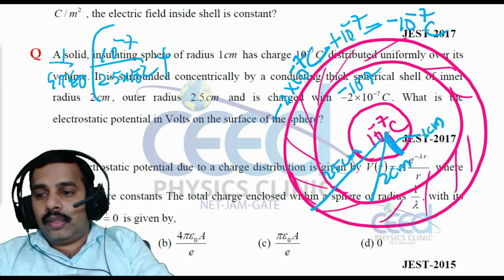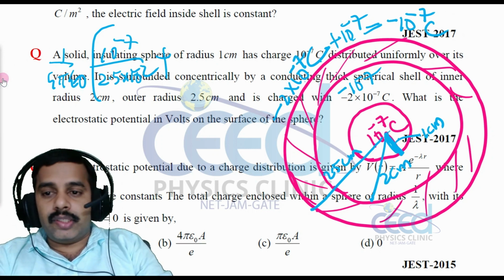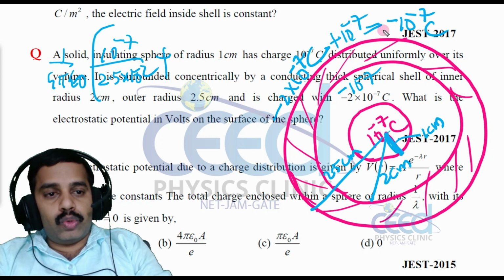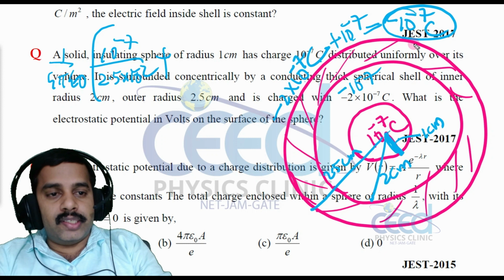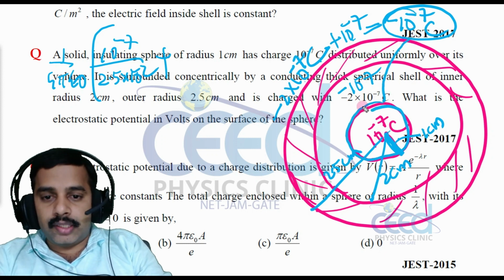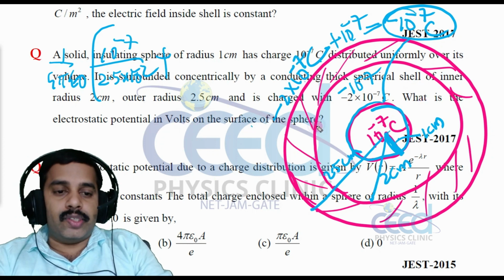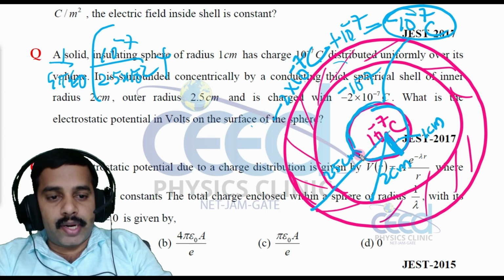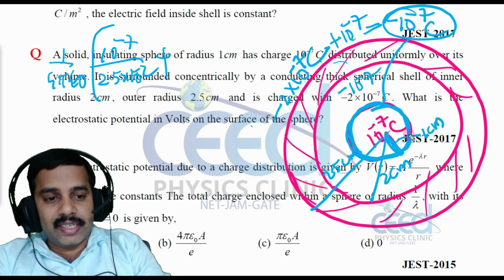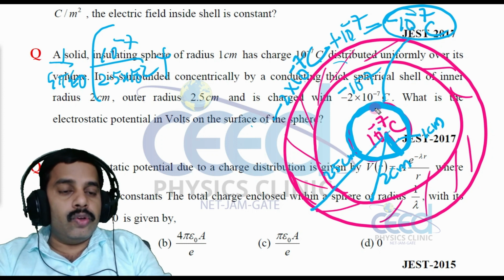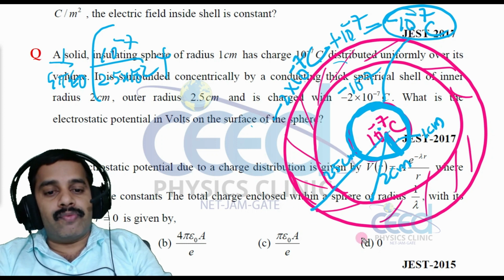So that is the electric potential due to this outside charge, this shell. We need to find the electric potential in volts on the surface of this inner sphere. What is the potential on the surface of this sphere?